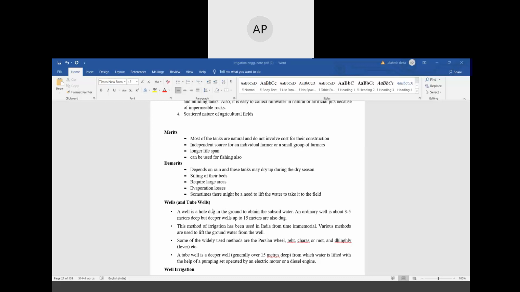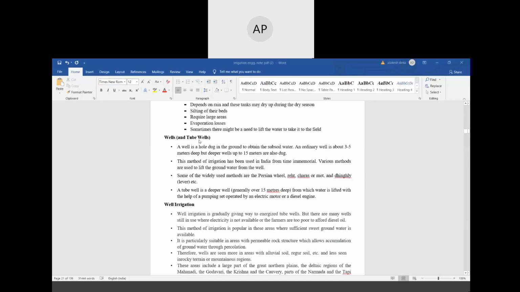Okay, wells and tube wells. Next is the well. In irrigation, we can use wells and sometimes tube wells. You all know what a well is. An ordinary well is about 3 to 5 meters deep, but deeper wells up to 15 meters are also used. This method of irrigation has been used in India from time immemorial.